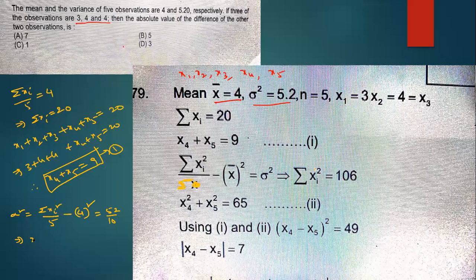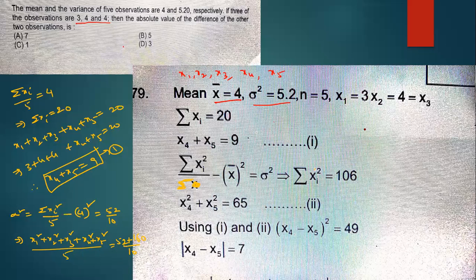So x1 square plus x2 square plus x3 square and so on, by 5, is equal to 52 by 10 plus 16, which is 160 by 10. Apply cross multiplication and simplify.